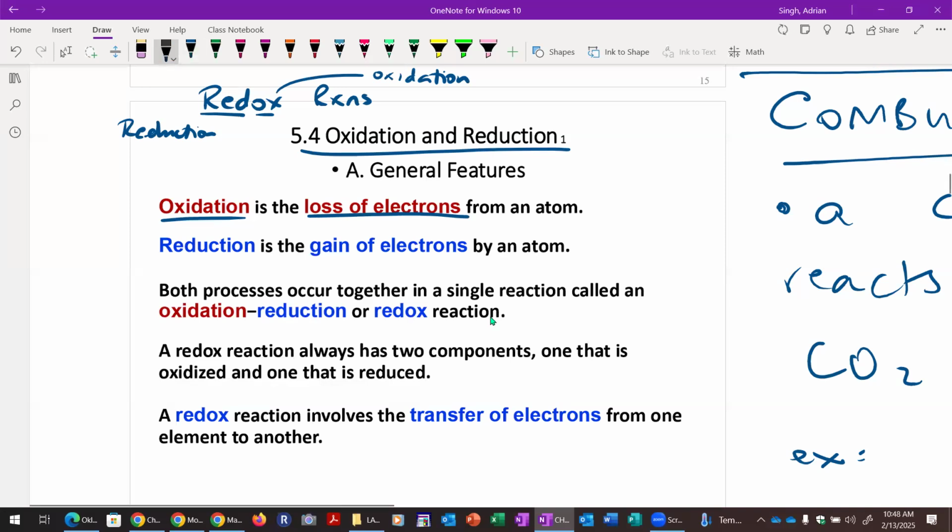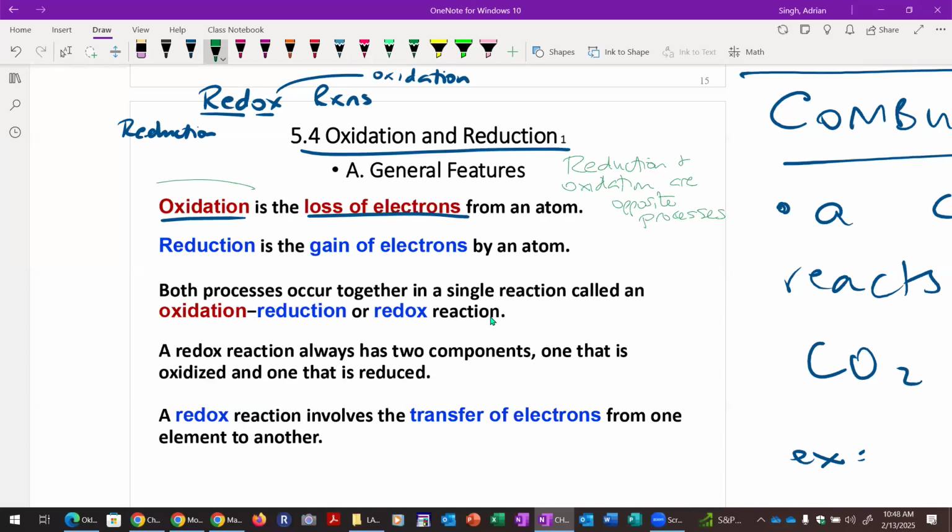So that's key to understanding what's happening. So reduction and oxidation are opposite processes. If you know what one is, you can predict what the other one is going to be. It's just the opposite.